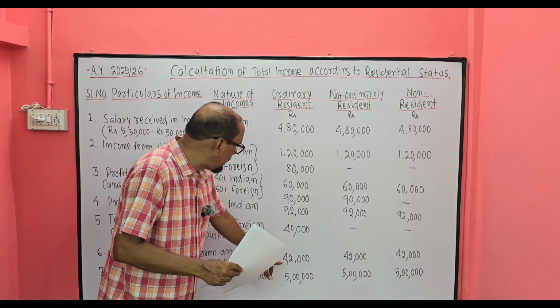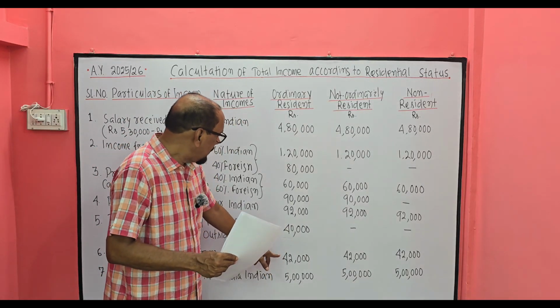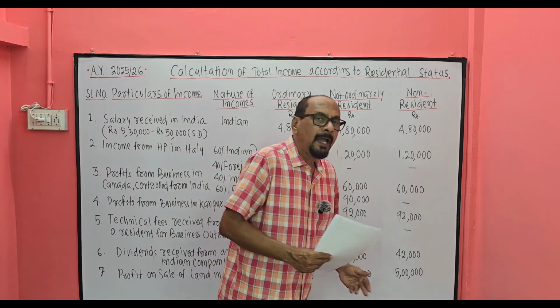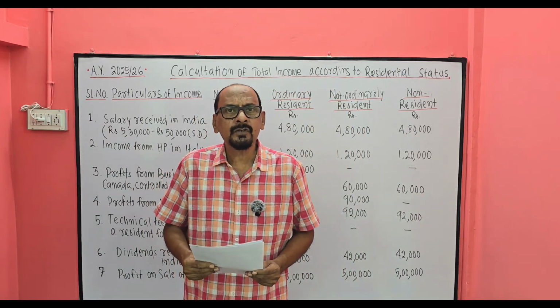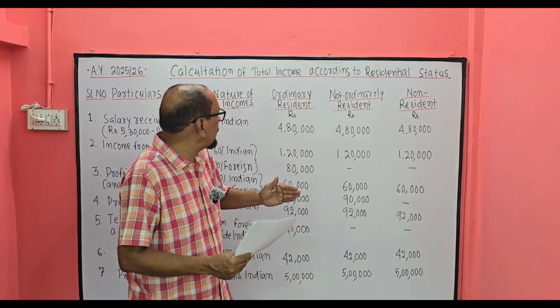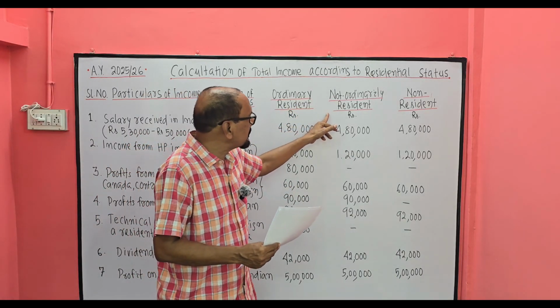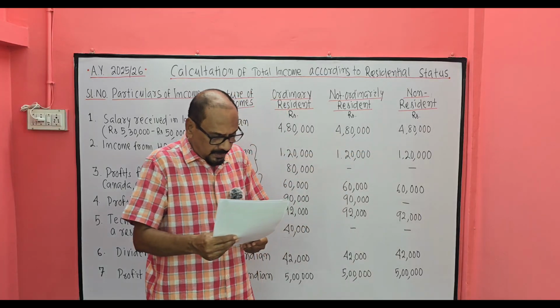So it is taxable in all cases: 42,000, 42,000 and 42,000. As it is an Indian income, it is taxable in all three cases: ordinary resident, not ordinary resident and non-resident.